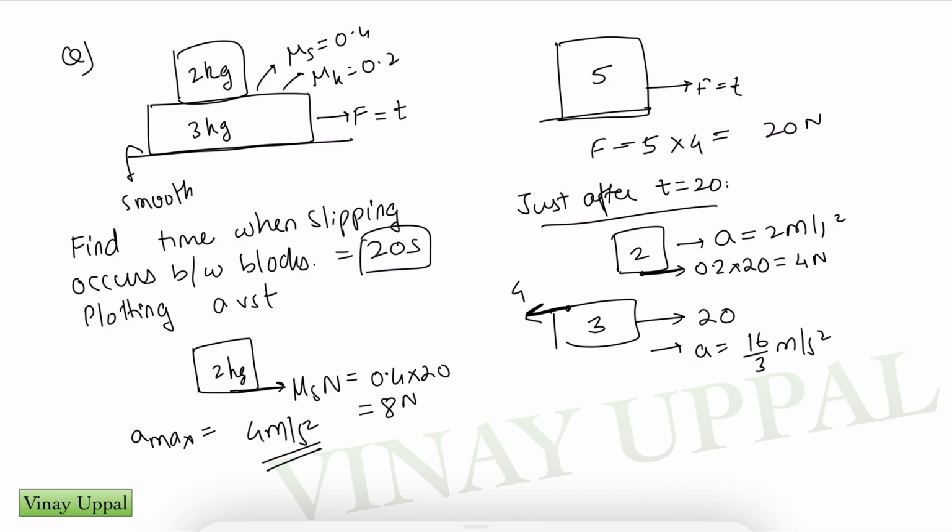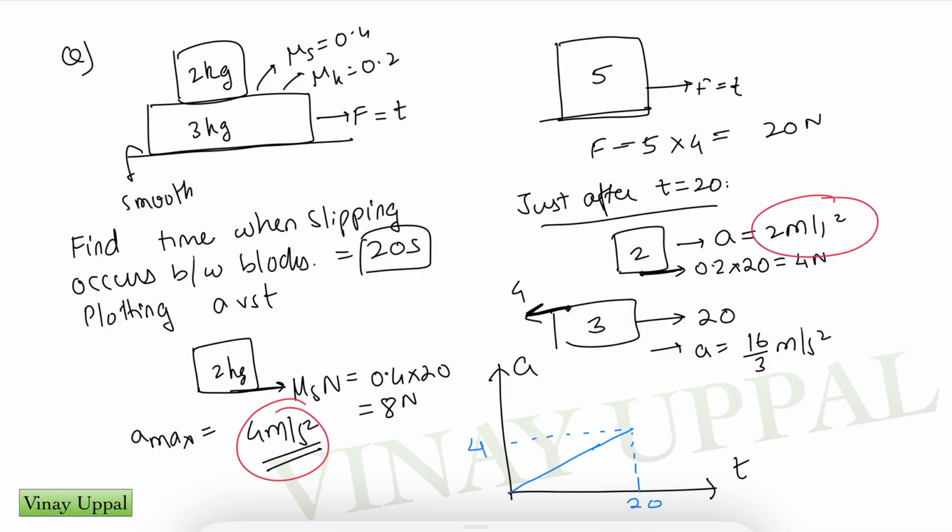So when I plot the graph, they're moving together initially and they will reach an acceleration of 4 meter per second squared. That's when the slipping will occur, at 20 seconds. But just after 20 seconds, suddenly the acceleration of the 2 kg block will go from 4 to 2 meter per second squared.